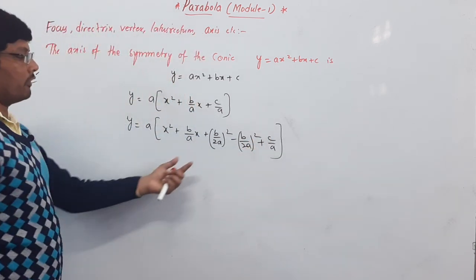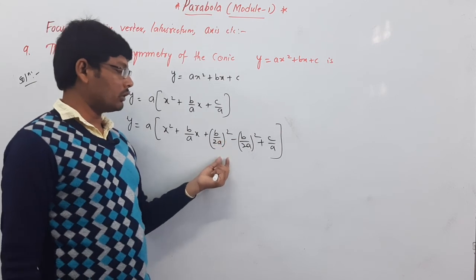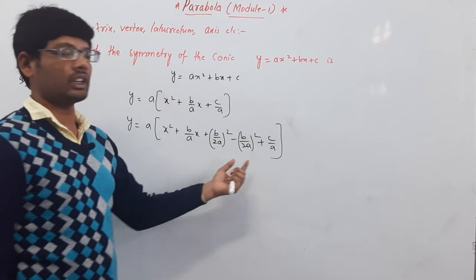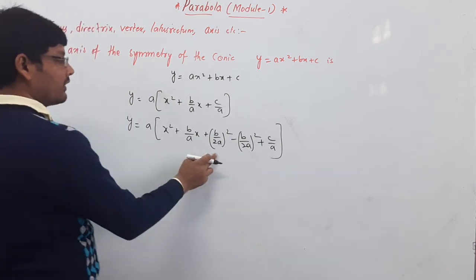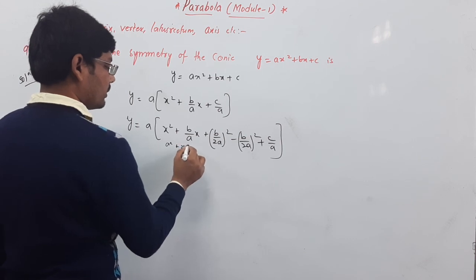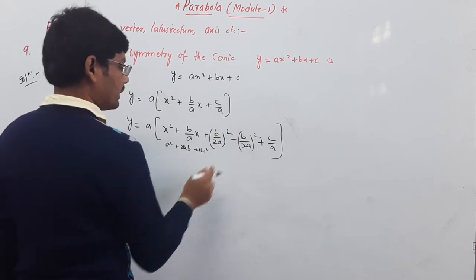Now I am adding (b by 2a) whole square and subtracting (b by 2a) whole square, so there is no change of value here. It is in the form of a square plus 2ab plus b square, so b is nothing but b by 2a here.